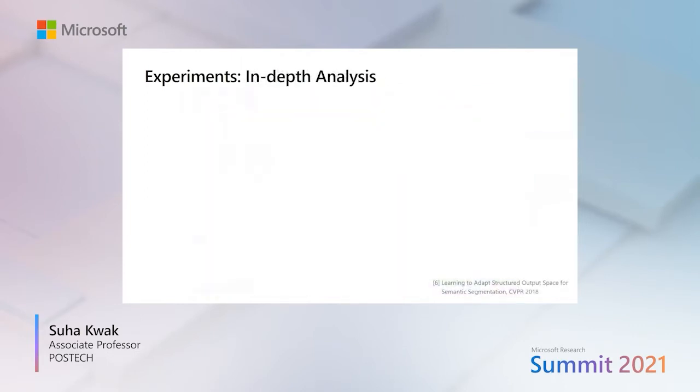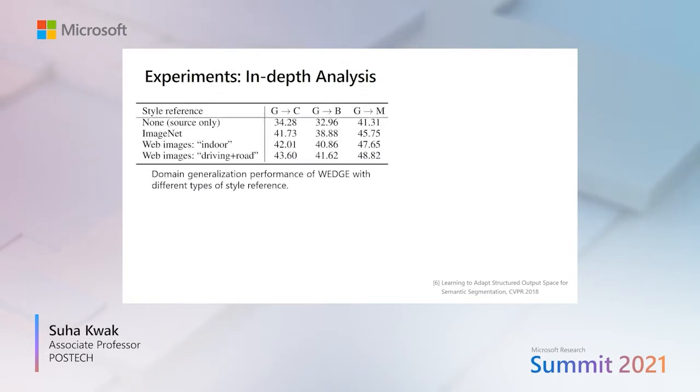We also provide in-depth analysis on our method to better illustrate contributions of each component. First, we investigate the impact of using task-relevant web images. To this end, we trained variants of Wedge that utilize ImageNet images or web images crawled by the keyword indoor, which simulate the images totally irrelevant to the target application.